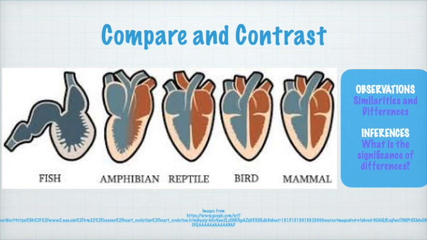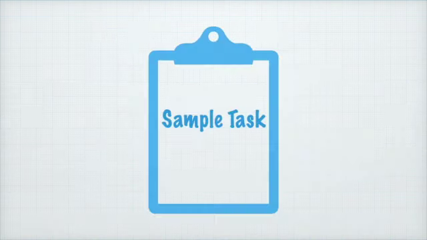So for example, I can give students the model of a variety of non-mammalian hearts and ask them to observe the similarities and differences. Based on their observations, they can then infer how the heart design is likely to impact blood pressure and oxygen content. Such exercises create a demand on them to deconstruct and analyze the examples.